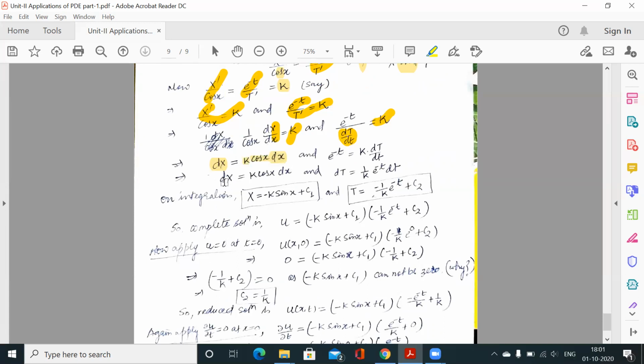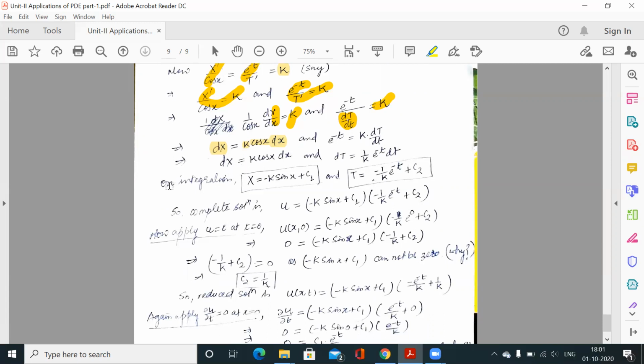So after integration, X is equal to k times the integral of cos x, where k is a constant. I have made one mistake, because the integration of cos x is plus sin x.